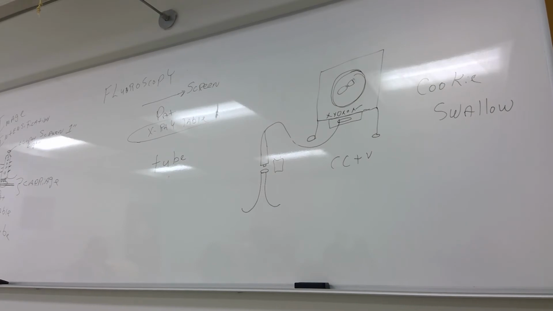Today it's all digitized and can be saved on a disk. So, image intensification. Any questions on that? Now, there's something else. Did we talk about X-ray interaction with matter? Did we talk about any of those?